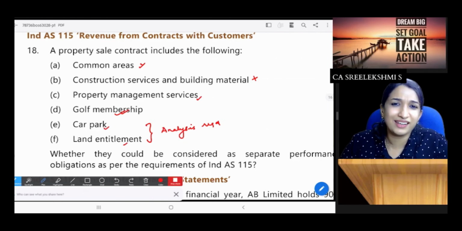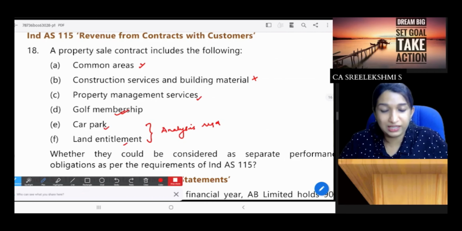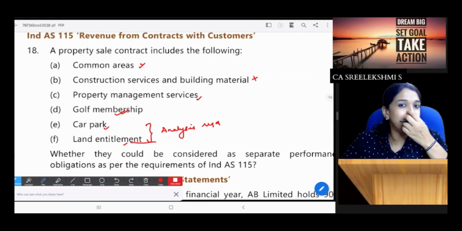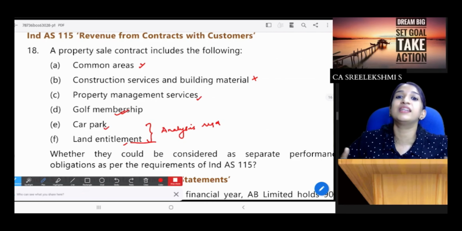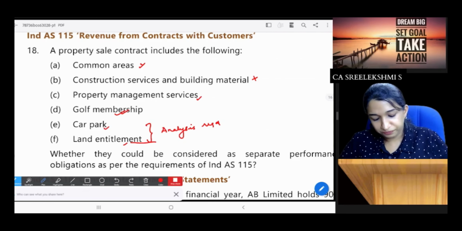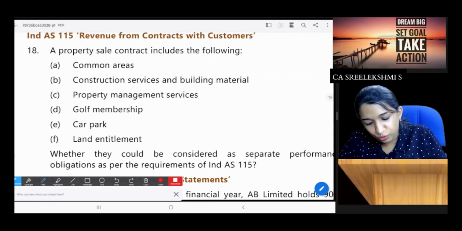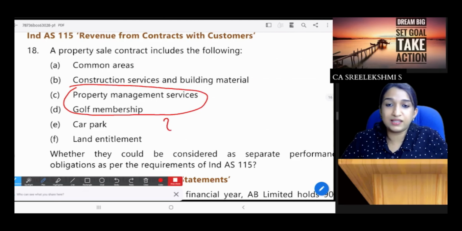But it is highly interrelated, right? The building, the property and the land are highly interrelated, so it's better not to treat them as separate POs. But thankfully, it's not an MCQ, so you can write diplomatically: write the conditions, and if they are satisfied, yes, or else no. So these two are treated as analysis required.